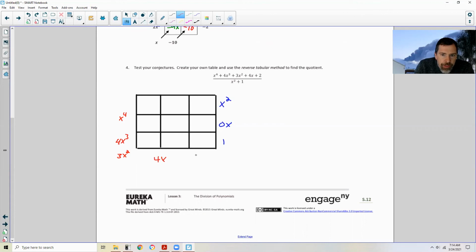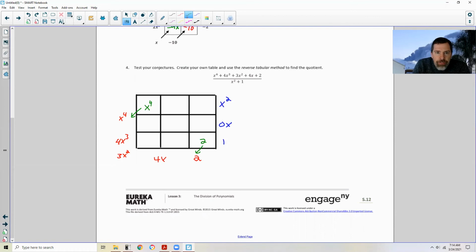And this one is going to give me a 2. Okay, so there's my setup. And I start with my corners. This has to be x to the 4th because it's the only thing giving me that x to the 4th. And this has to be 2 because 2 gives me this 2.